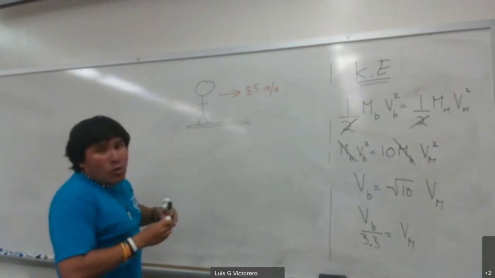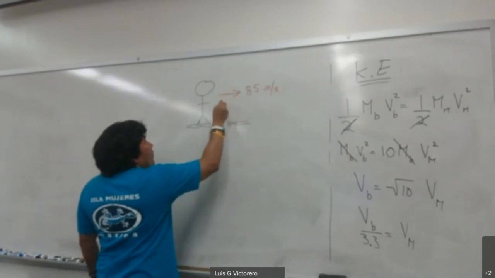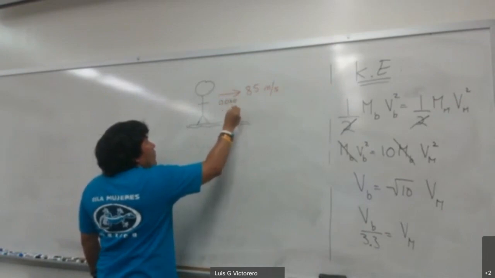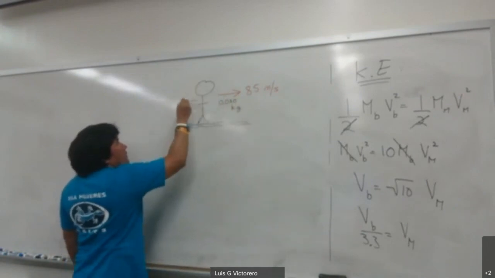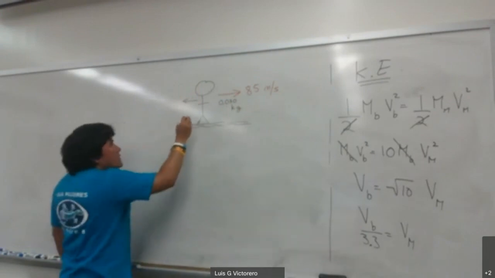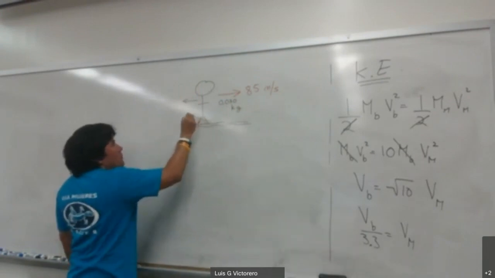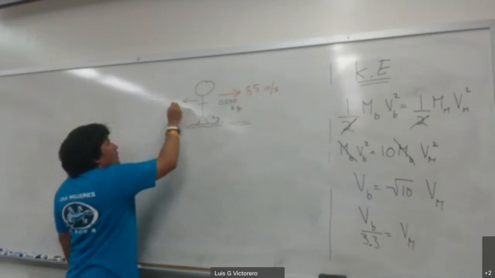The mass of the arrow is... now this guy is moving to the left at 60 kilograms. And you want to find this.